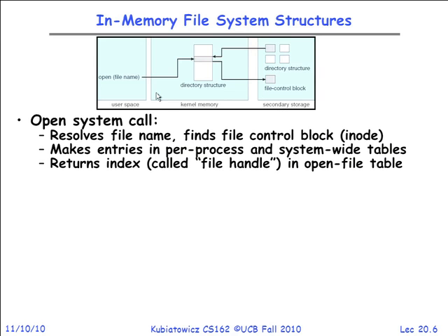Well, in user space, you call the open system call, and what does that do? Typically associated with your process are a bunch of things that are in memory, and open typically has to load the directory into memory so that you can look things up and find out where the inode is, and then you can pull parts of the directory structure out.